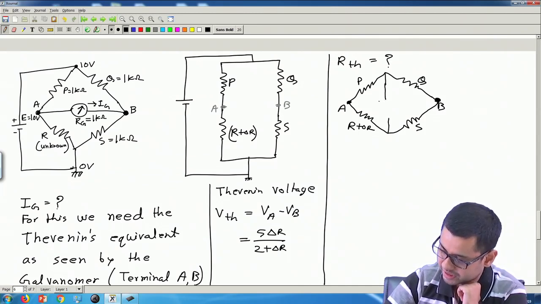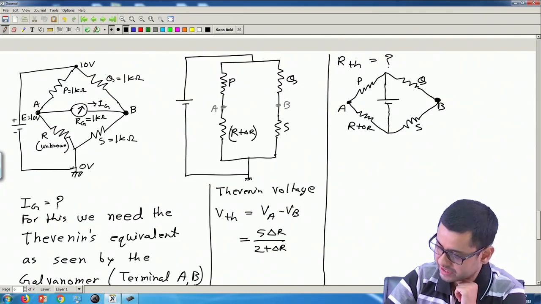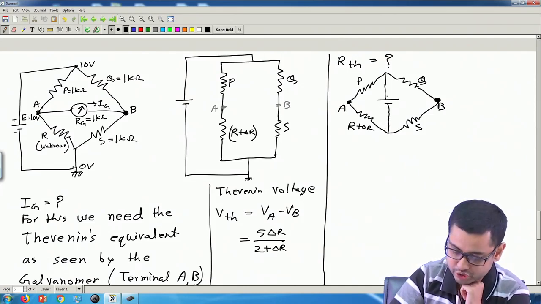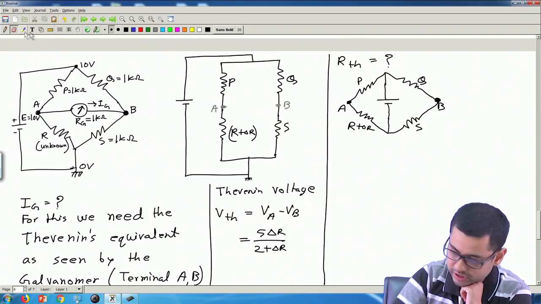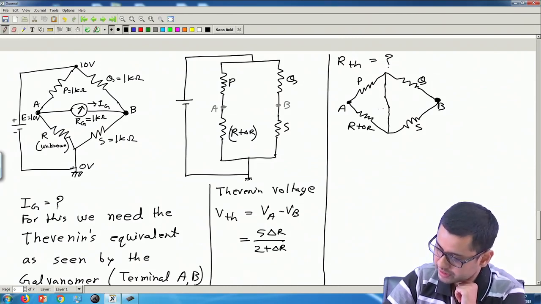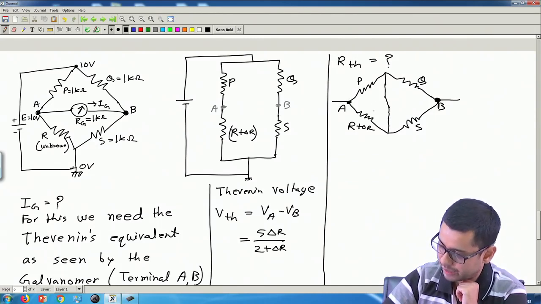The source is here. Okay. But while computing Thevenin resistance, we should short circuit the source. So, let us short circuit the source. So, this is the equivalent circuit as seen from terminal A and B.